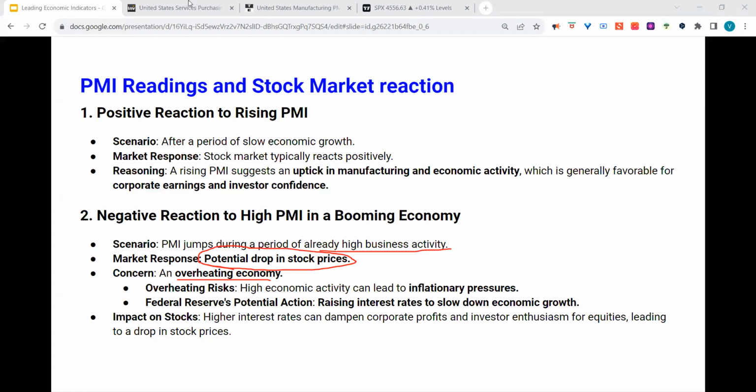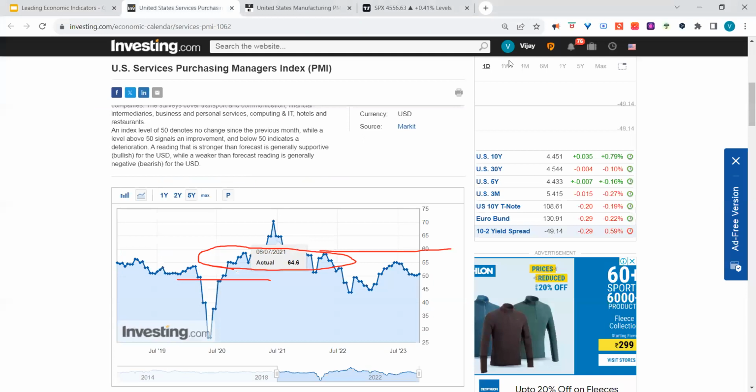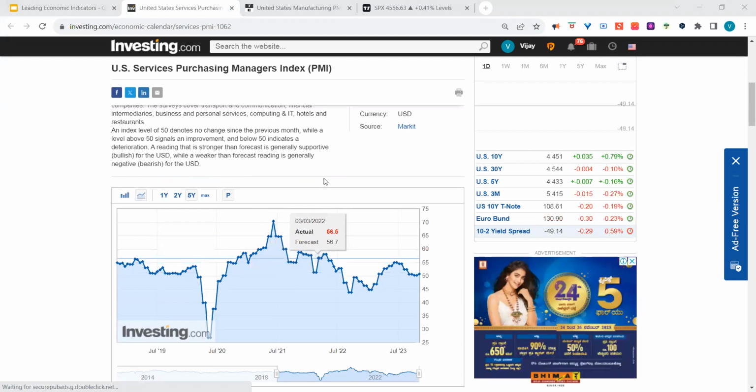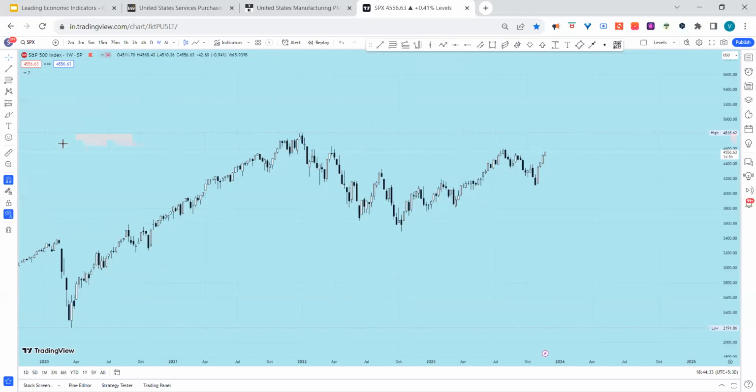You can see here that in this particular period, approximately post June 2021, we saw the drop in PMI take place, and accordingly, you can see that the S&P 500, this is the weekly chart of the S&P 500, started to show some weakness around this period, and just as it hit another high, it started to go for a correction. A minor correction, you can see.